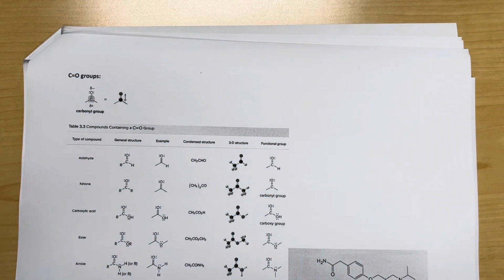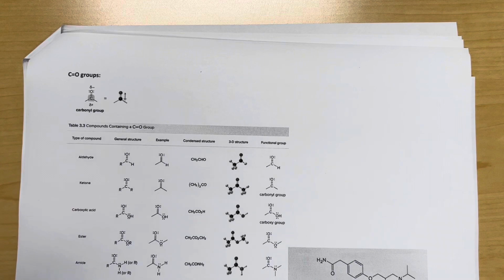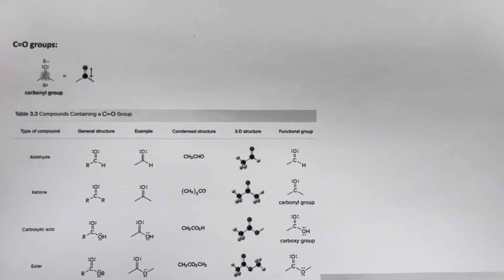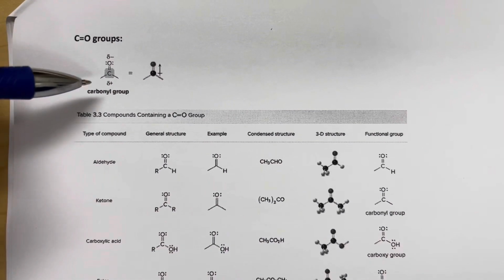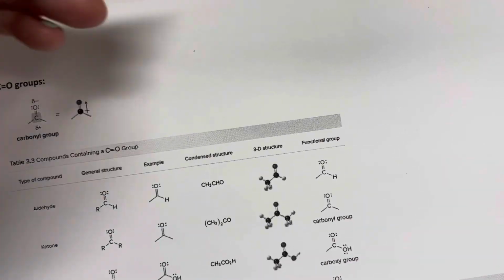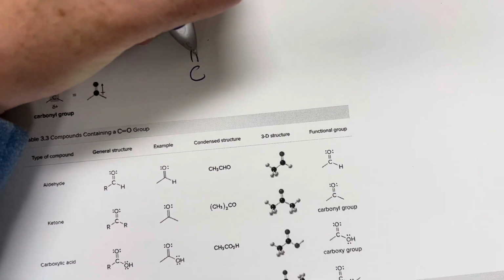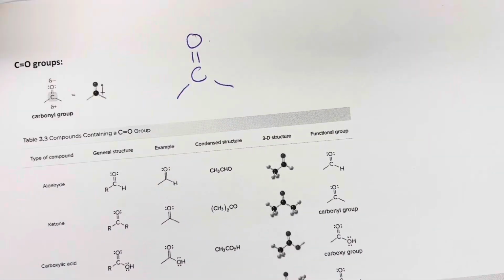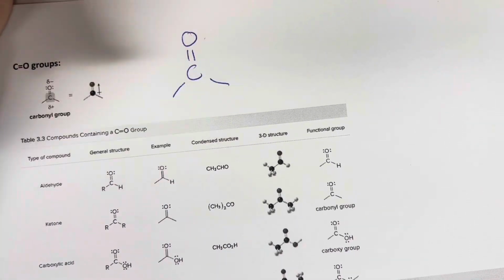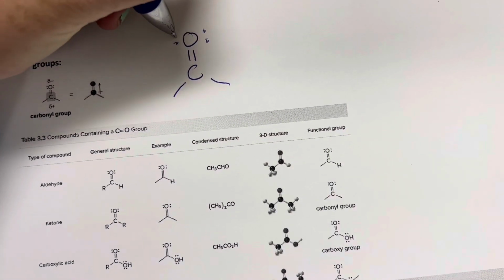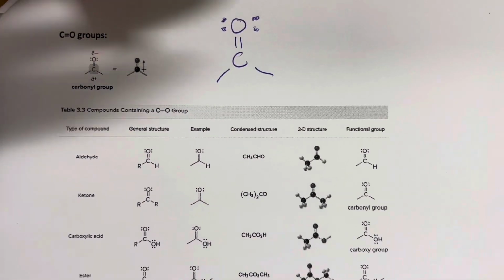Okay, so now let's talk about carbonyl groups. Carbonyl groups are anytime you have a carbon double bound to an oxygen. And then it can be whatever else over here. I could put R and R prime or whatever. And these end up being really important. One, because they're stabilized by resonance.